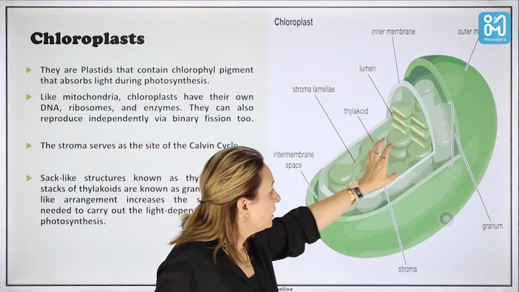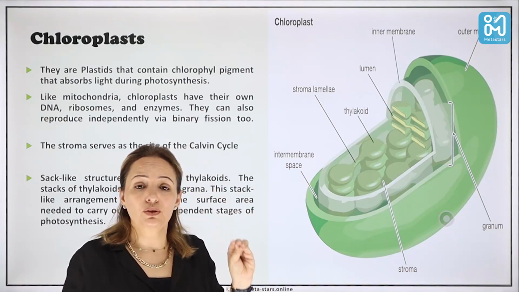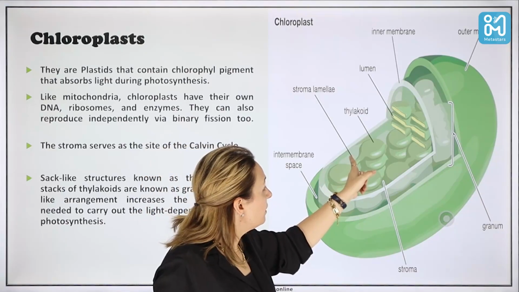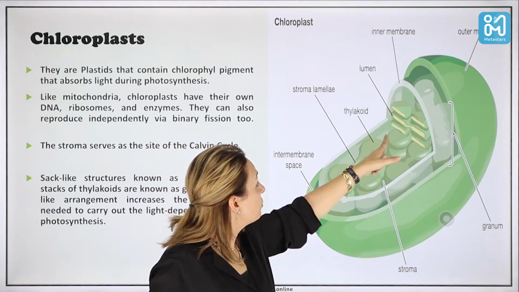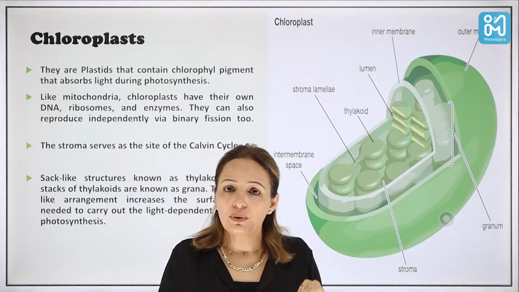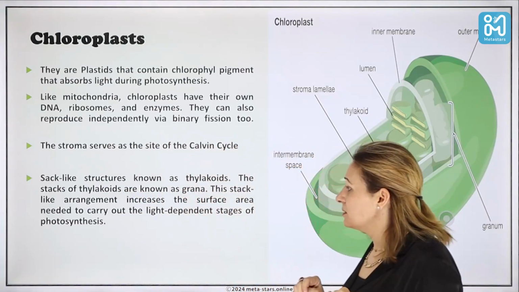We have a lot of granum, and the granum are responsible for the photosynthesis, especially when we talk about step number 1 in photosynthesis. And then we have the area which is called the stroma, and the stroma is the area in between the granum, where also we have the second step of photosynthesis taking place at that point.